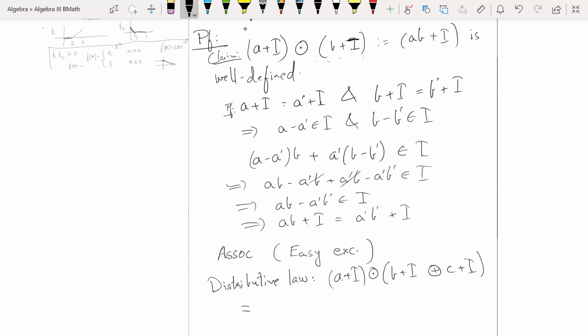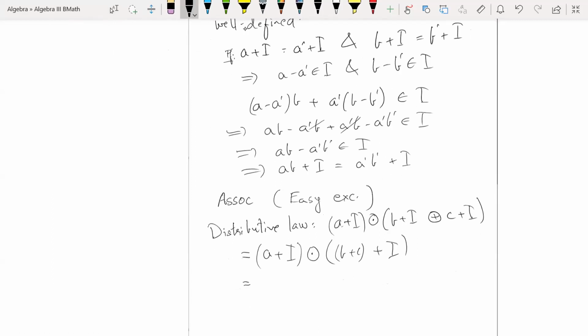We want to show that this is the same as A dot B plus A dot C. By definition, this is A plus I dot B plus C plus I, using the addition in the quotient and the definition of this circle dot, it is A times B plus C, plus I.